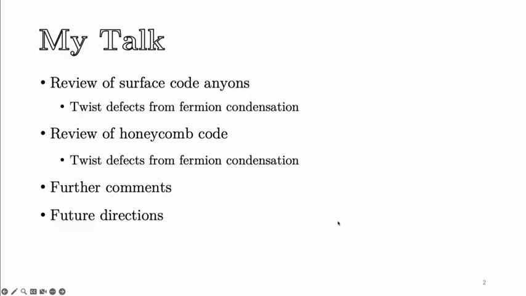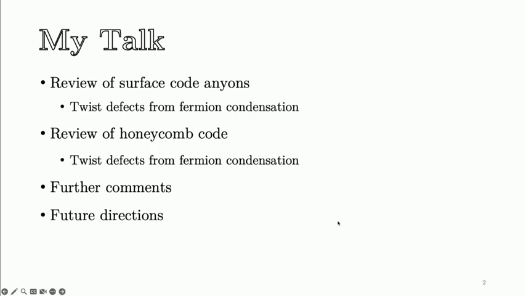Here is an outline of my talk. And here's what I'm going to tell you about. Ultimately, I'd like to tell you about our construction of twist defects in the honeycomb Floquet code. There's a natural analog in the context of surface codes, so I'll start there. I'll begin with a very brief review of surface codes and the anyon theories.